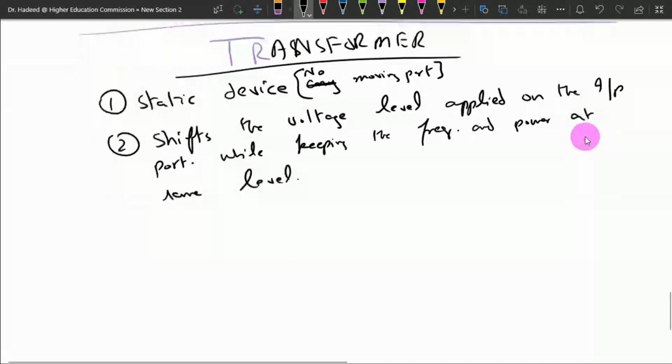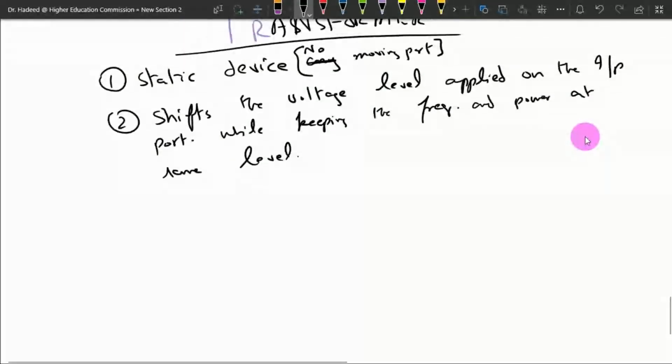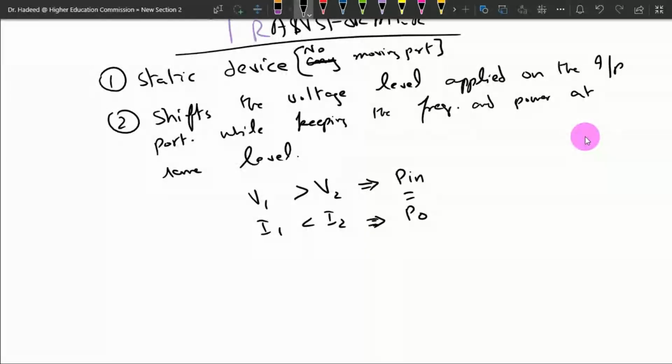What does this mean? This means that if we have V1 greater than V2, then we have I1 less than I2. That means that the input power P in is always equal to the power on the secondary side, or the output side, P naught.